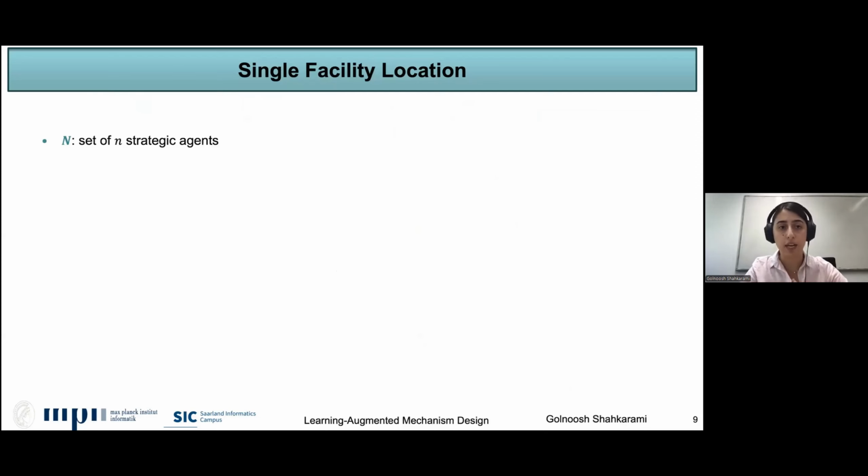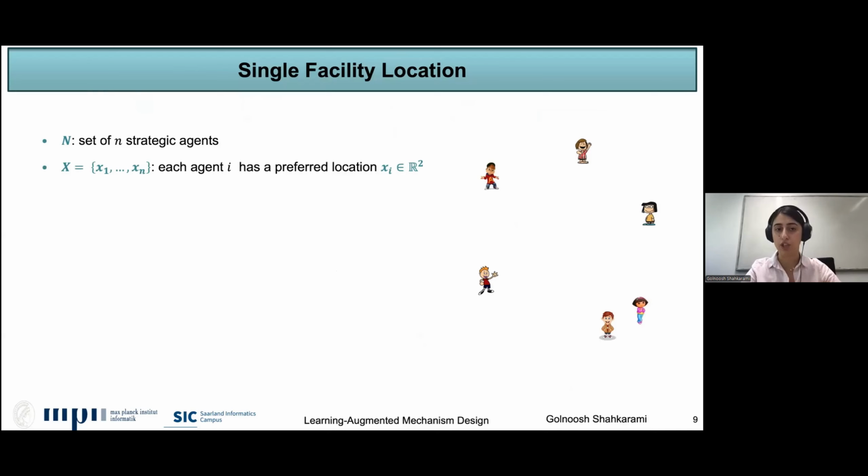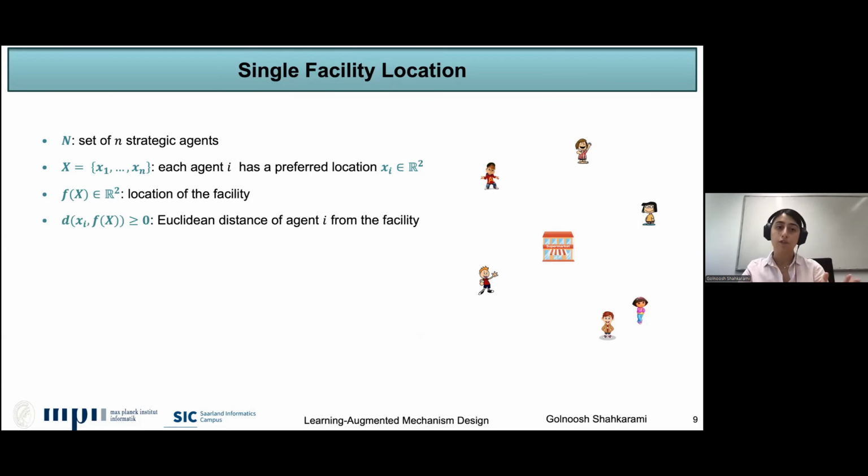In this problem, we have a set of strategic agents. Each agent has a preferred location, and we want to open a facility. Think of it as a supermarket. Of course, each agent has a Euclidean distance from this facility. And the goal is to minimize some social cost objective.